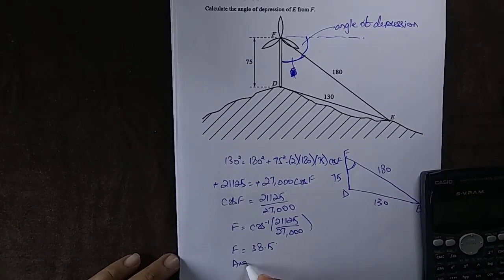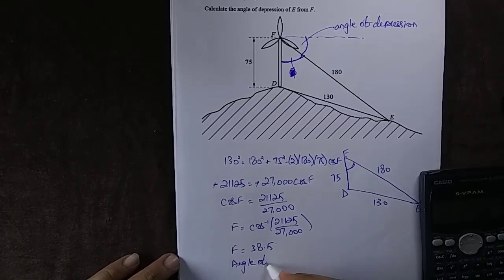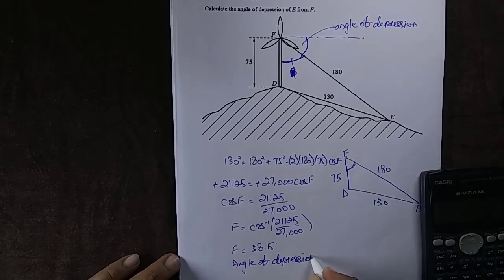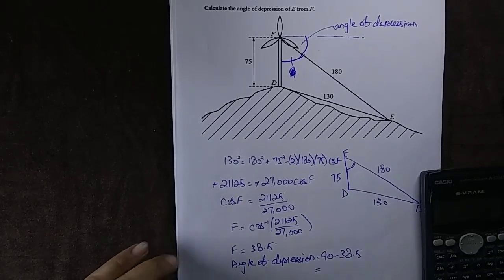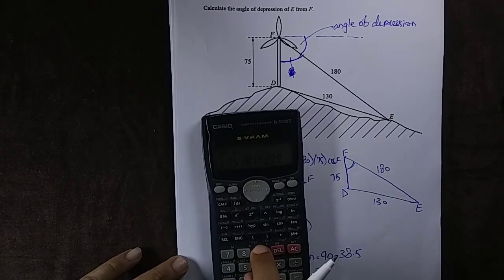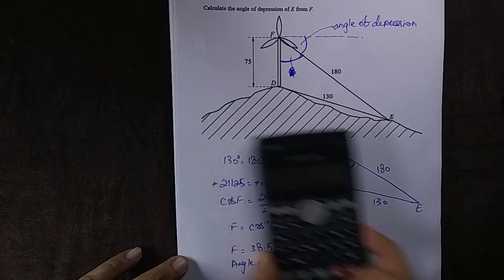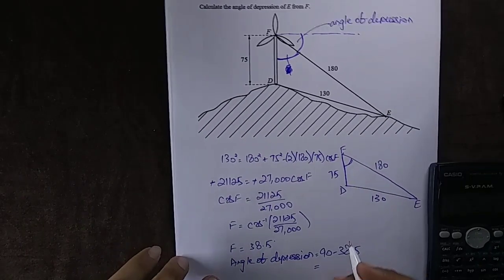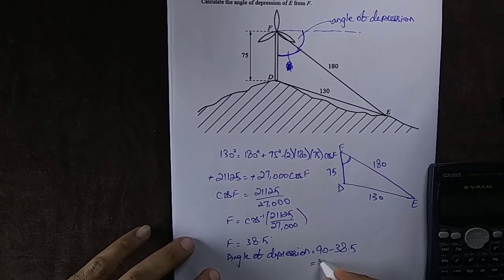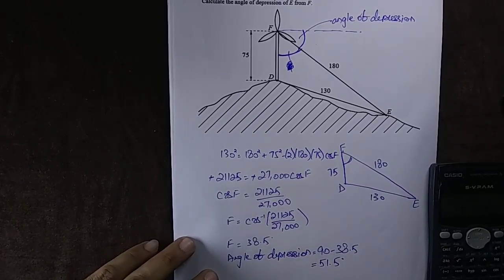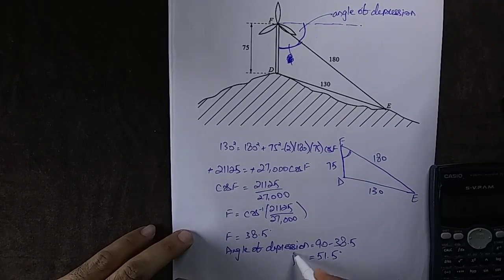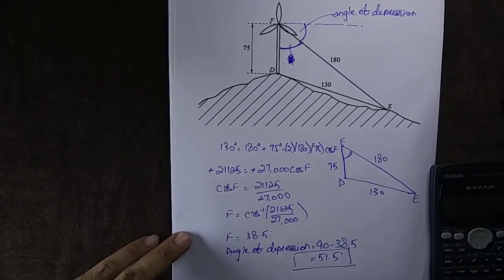So the angle of depression would be equal to 90 minus 38.5, which is equal to 51.48 degrees, or that can be rounded off to 51.5 degrees. So this completes our question.